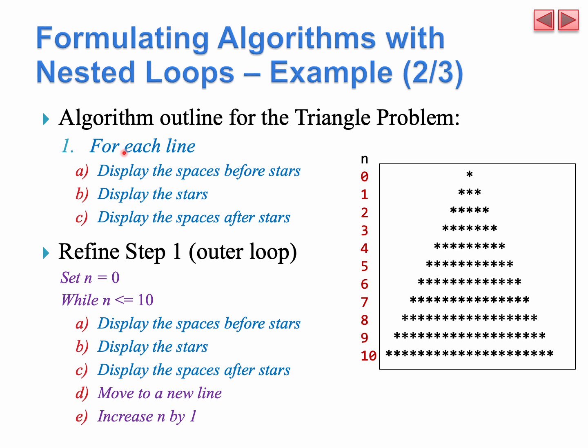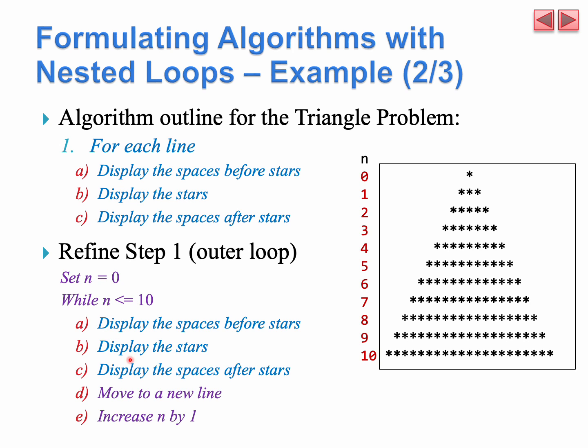To define the loop, we need to figure out the details of how it iterates through the lines. We know that there are 11 lines numbered from 0 to 10, so we will use a control variable n to go through the lines. So we first set n equal to 0, then the loop iterates while n is less than or equal to 10.